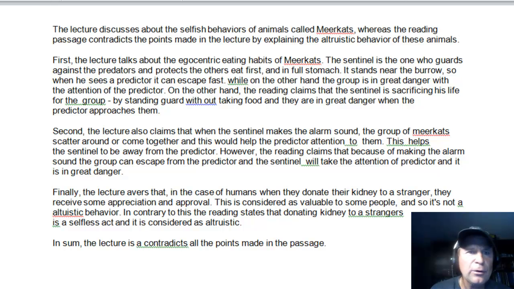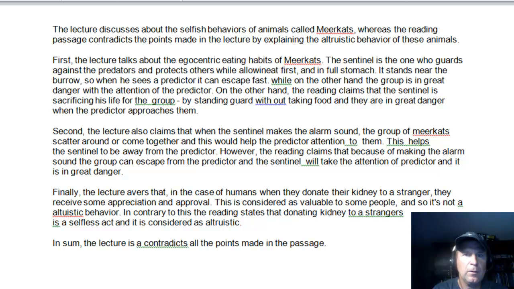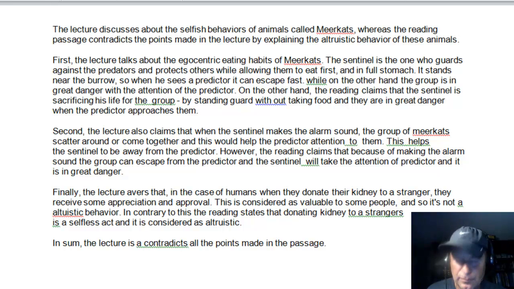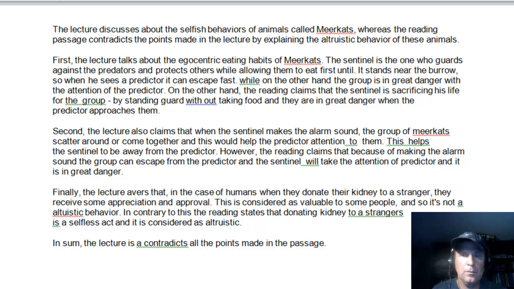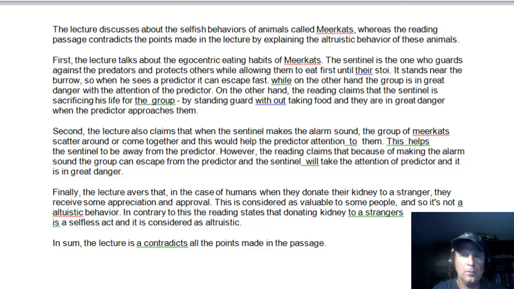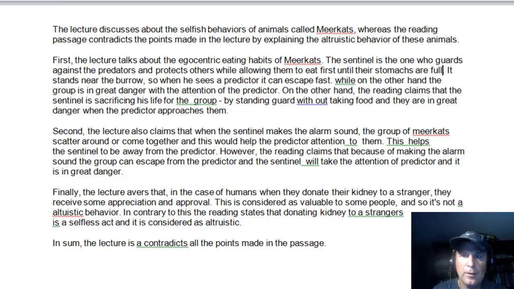So the sentinel is the one who guards against the predators and protects the others, while allowing them to eat first until their stomachs are full. That would be the changes I'd make so far.